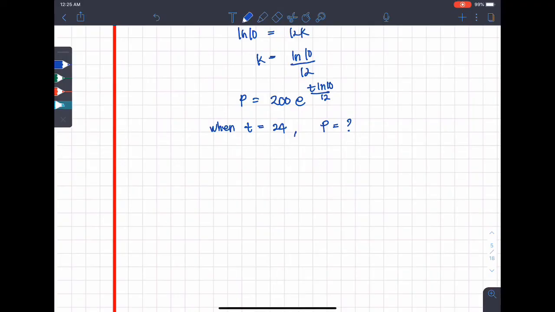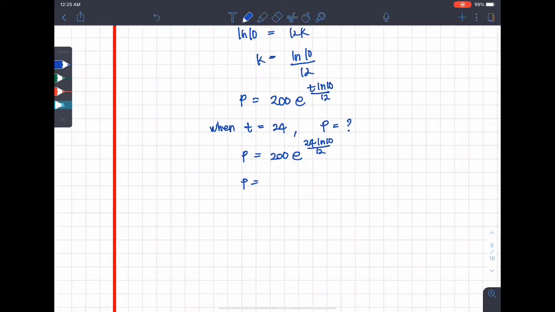We compute the population by substituting into our equation: P equals 200 e raised to 24 ln 10 over 12.